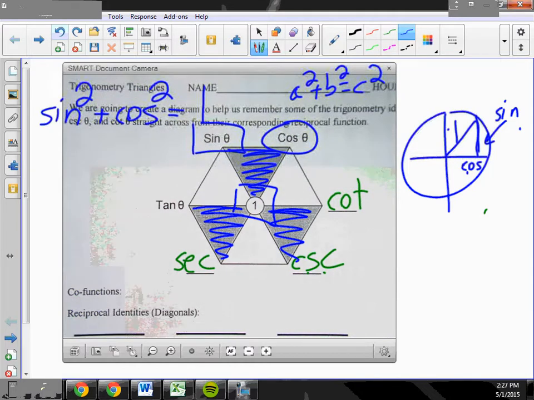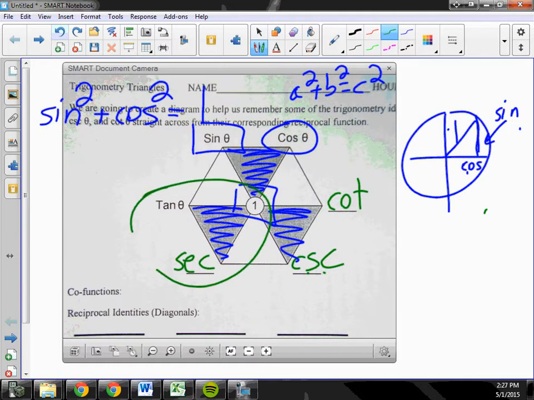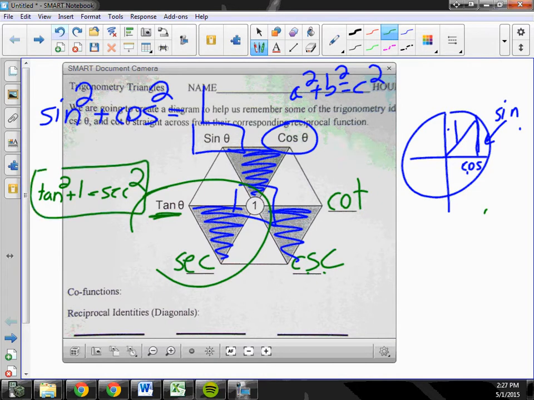That's right. Okay, another Pythagorean identity would be here, tangent squared, so we start here and we go around clockwise, plus 1 equals the secant squared. And if we wanted to, we could actually manipulate this using our change it into sines and cosines trick, and it would turn into that.